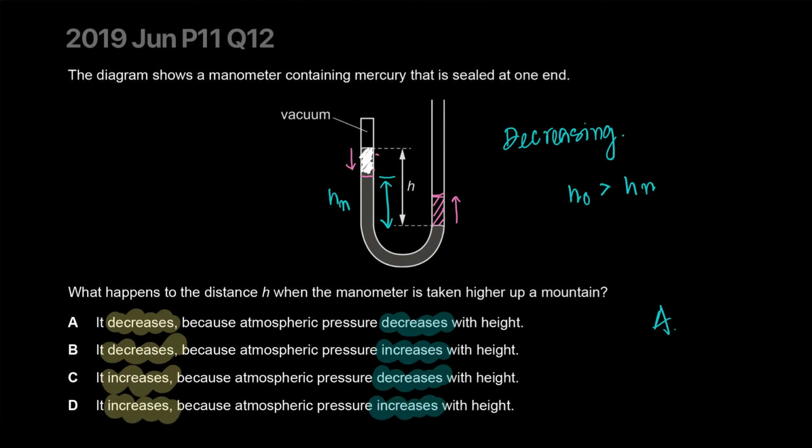In this context, decrease and decrease was correct. This is decrease, increase, this is increase, decrease, all permutations of it, and increase, increase. And this was the correct answer.